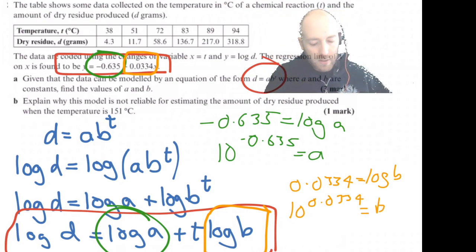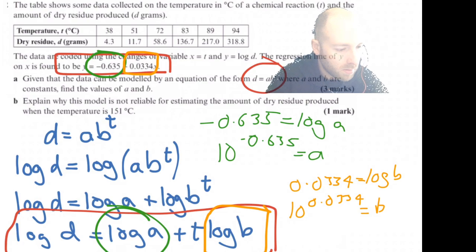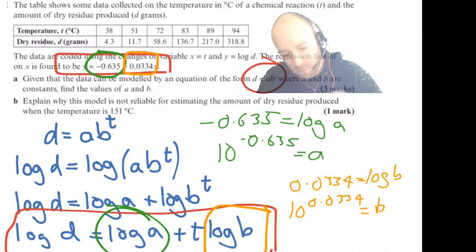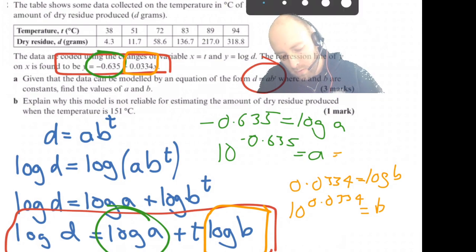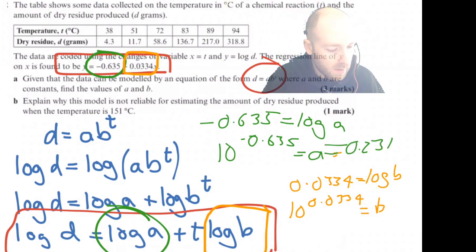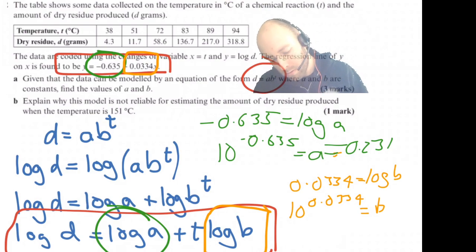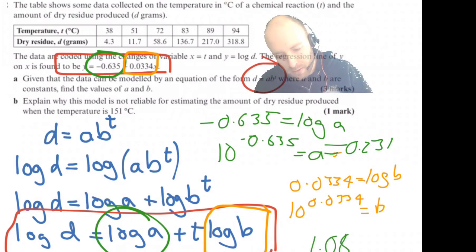And I can use that to find a and b. So calculator out, 10 to the power minus 0.635. So we get a is 0.231. And b is going to be 10 to the power 0.0334, which is 1.08. The wrong color. But yeah, so there's b, and there's a.